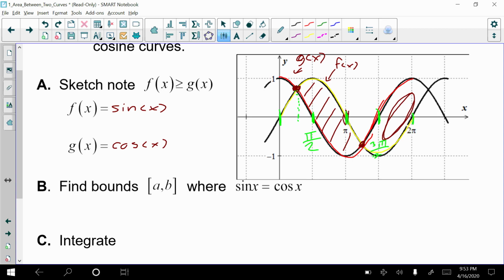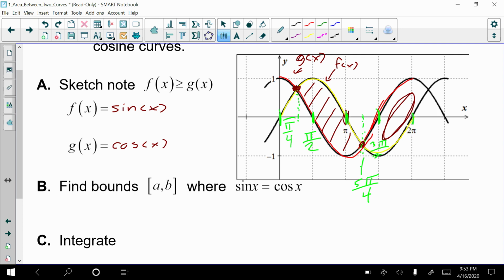But this intersection right here is going to work out to be pi over 4. And the intersection that we're looking at right here, which I'll come down and write, is going to be 5 pi over 4.